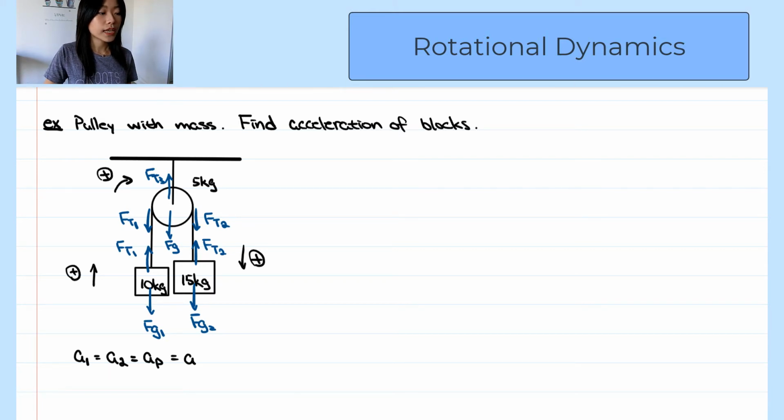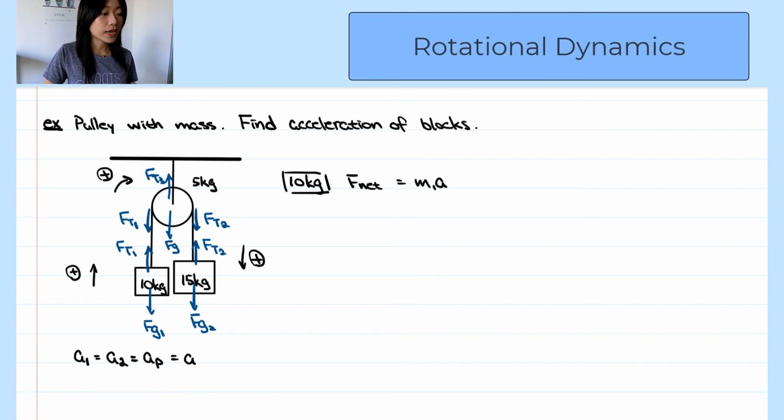Now let's use Newton's second law on each of the masses. Let's start with the 10 kilograms. By Newton's second law, F net equals mass times acceleration.